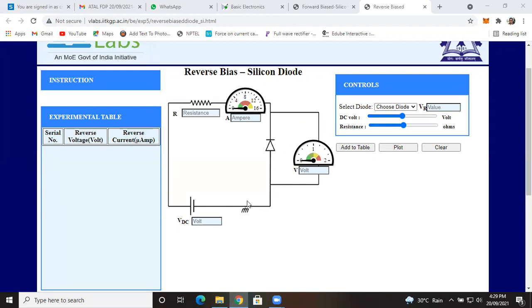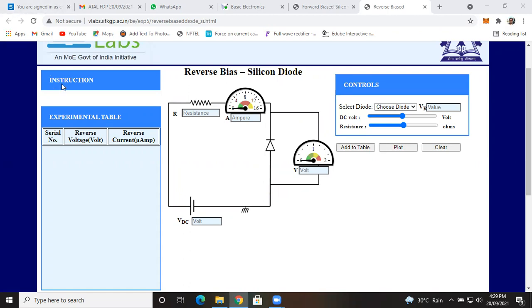Remaining thing is the same. One voltmeter is connected in parallel to the diode, and one ammeter is connected in series with the diode. Now, what the theory says about the reverse bias silicon PN junction diode, no current will flow through it, or practically we say that a very small current will flow through it.